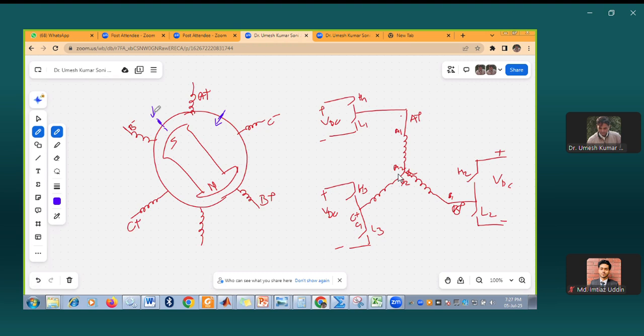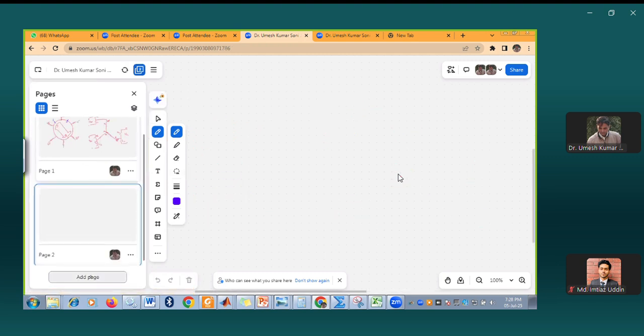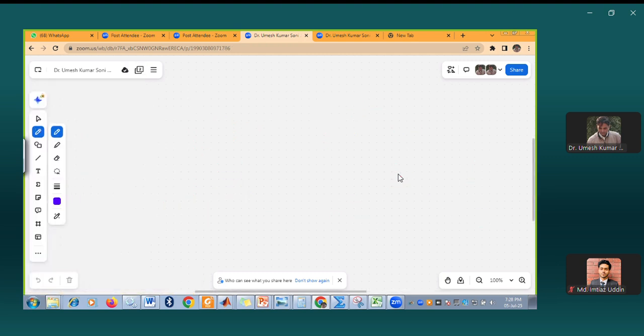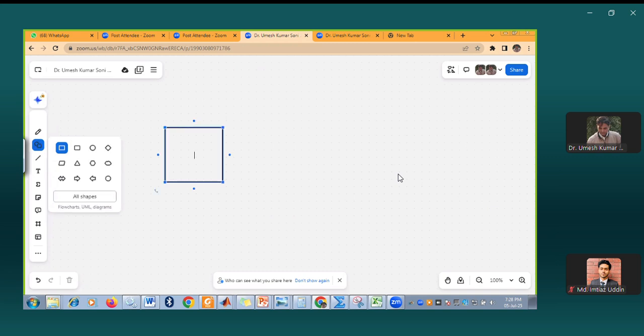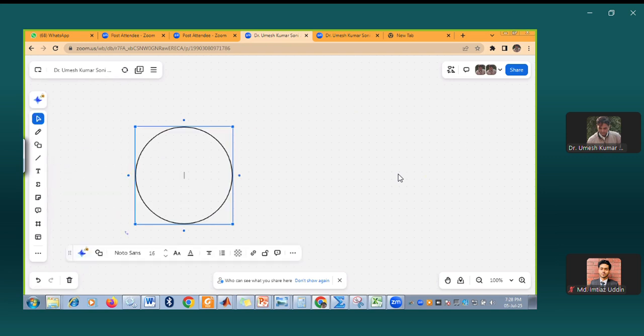So here we have another page. Okay, so this is the stator.